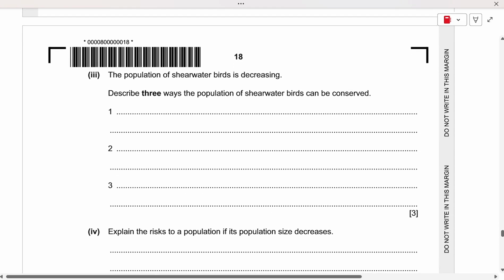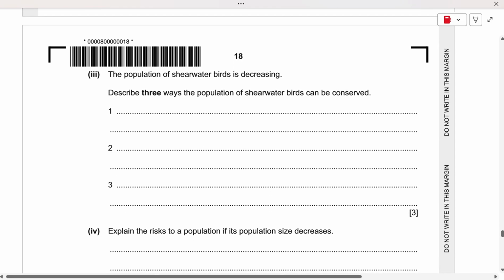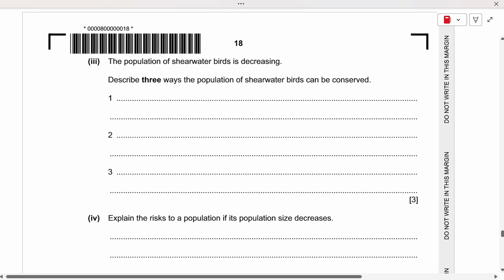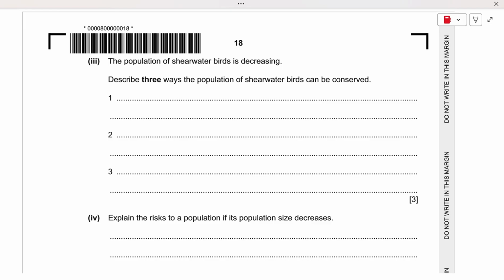The population of shearwater birds is decreasing. Describe three ways the population of shearwater birds can be conserved. So what are the ways we can do to maintain this species? First of all is captive breeding. It means we capture these birds and allow them to breed, so we have a lot of them.